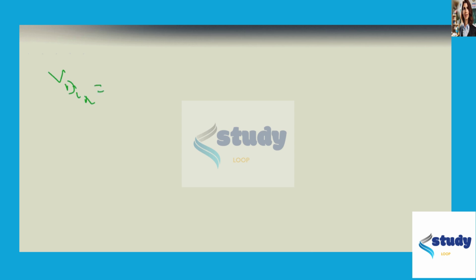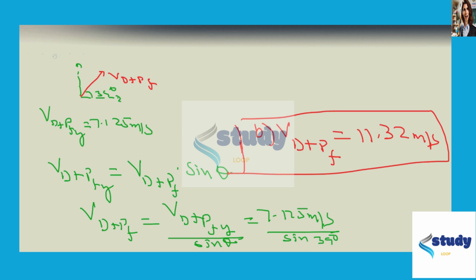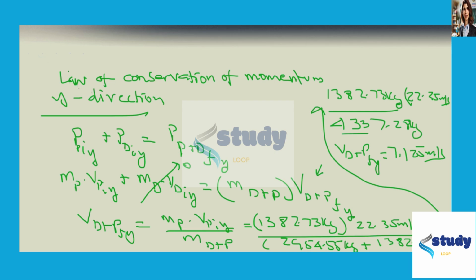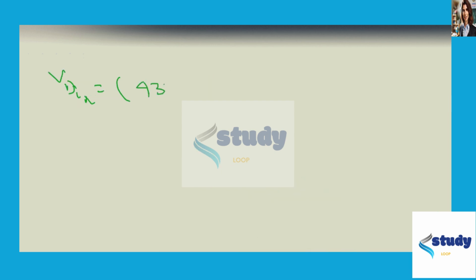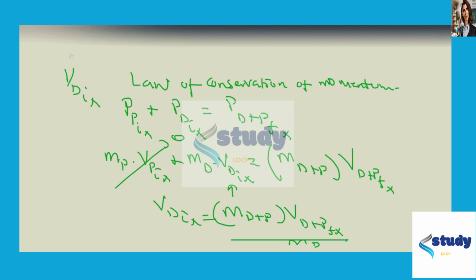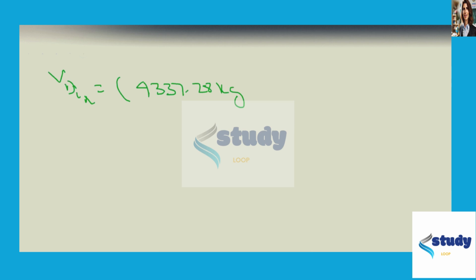Initial velocity of the Durango in the x equals the total masses, which we got right here, 4,337.28 kilograms, times the final velocity of the Durango and the Prius, cosine theta.